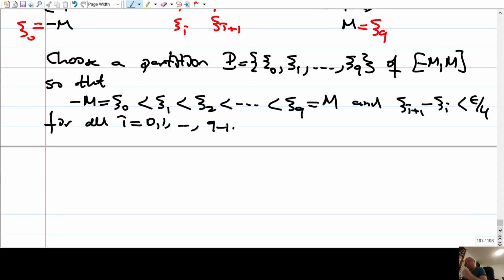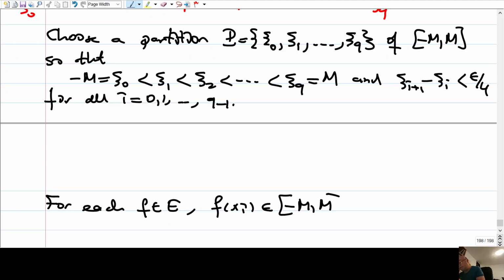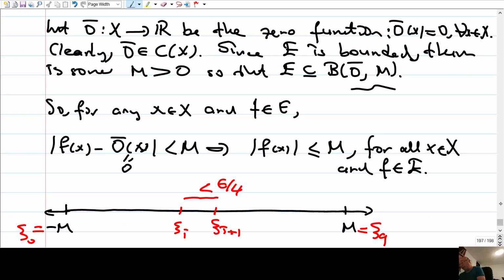Now for each f in E, f of xi, let me say, is inside one of these balls. I mean, in here, because all the functions have values between minus m and m, right?